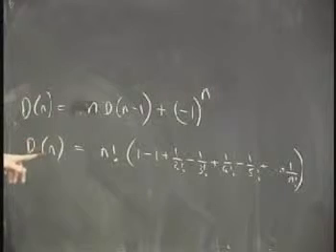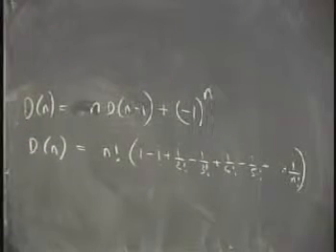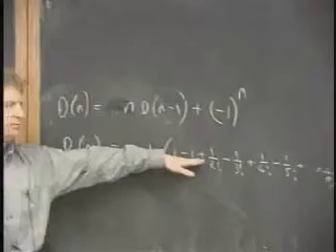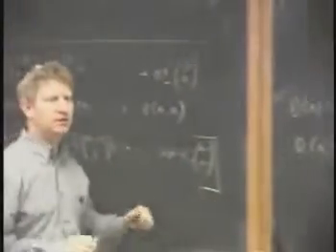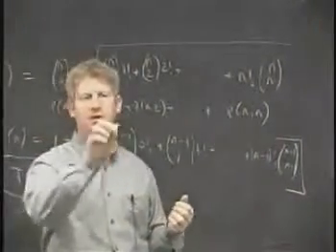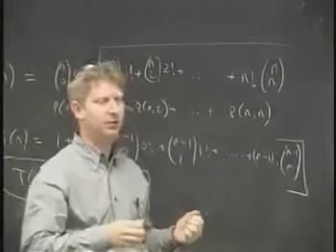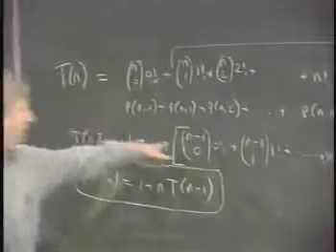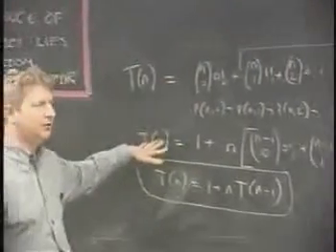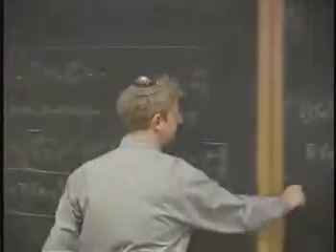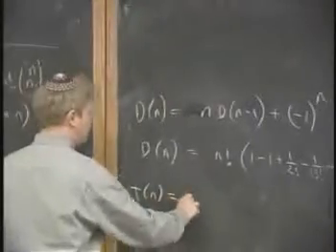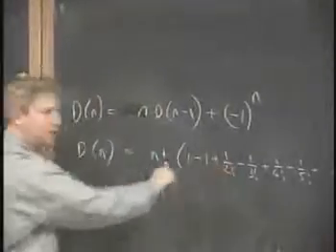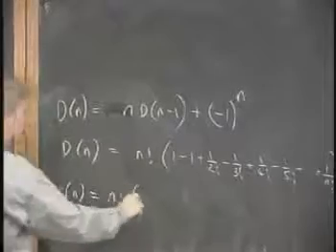Remember we did something like this, and then we proved that this goes to e to the minus 1. So the number of derangements was 1 over e times the total number of n factorials. If you do the same thing in this example, and you factor this thing out, you pull out an n factorial, and here's what you get: T of n equals n factorial times the same sum, except instead of the alternating minuses and pluses, you just get pluses.